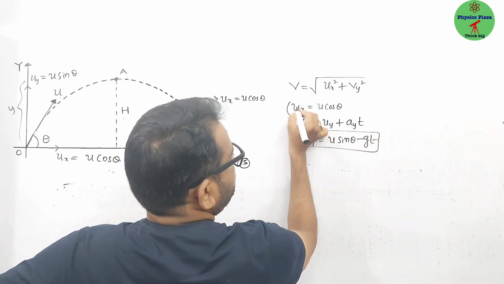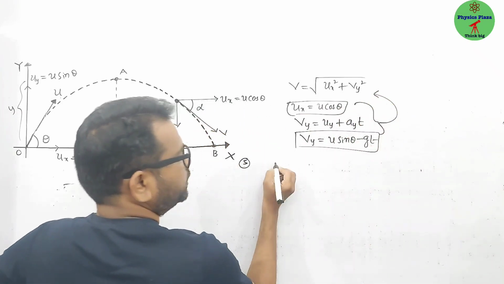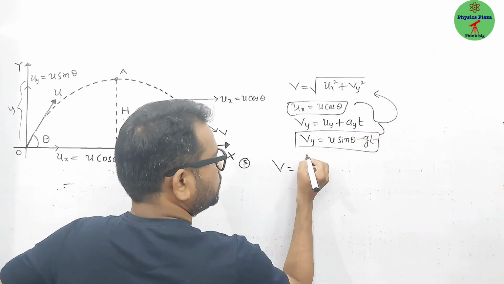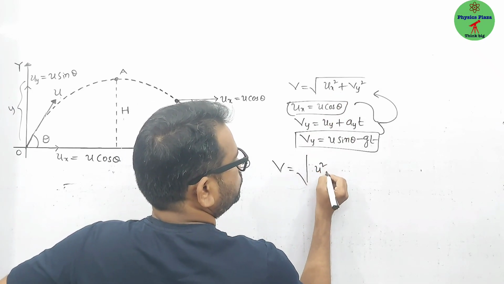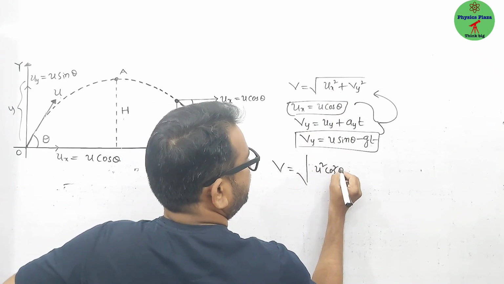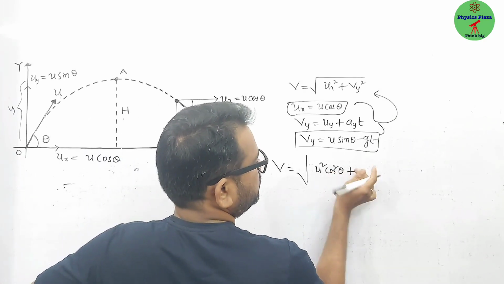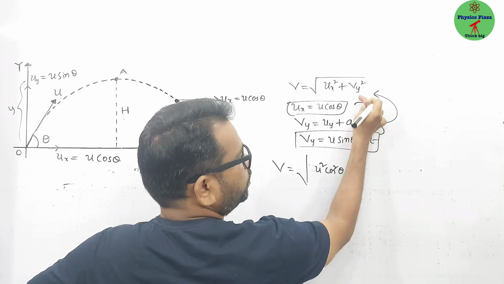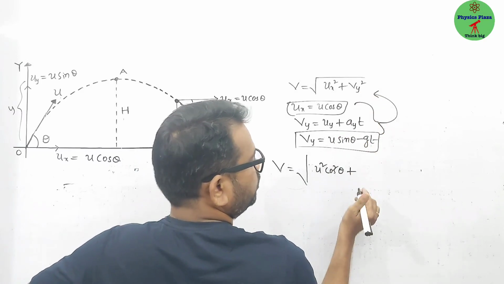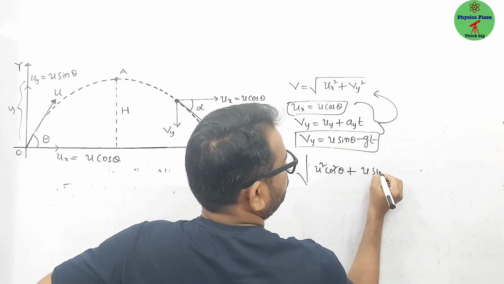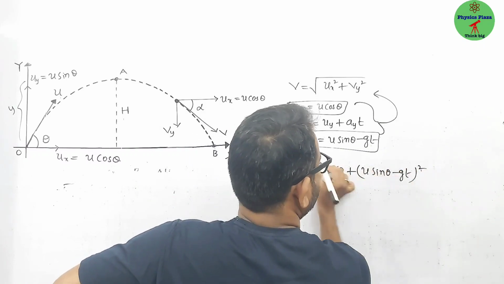These two values should be substituted in this. Then v is equal to the square root of ux square, that is u square cos square theta, plus vy square, where we have to apply the (a minus b) whole square formula. Let me write (u sin theta minus gt) whole square.